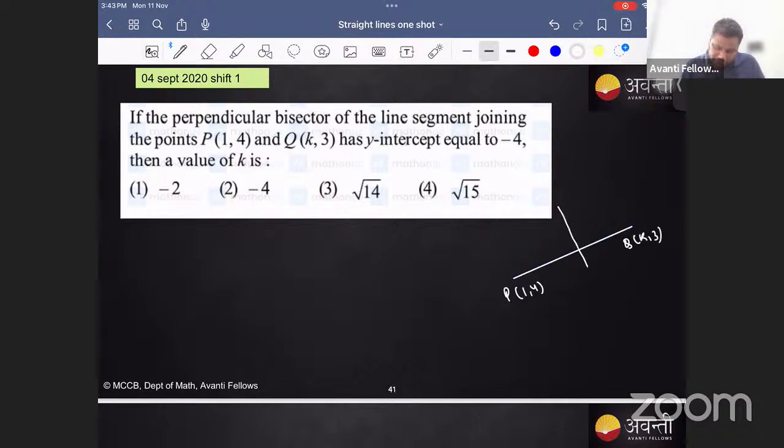Now, this is going to be the equation of their perpendicular bisector. It will be passing through their midpoint, that is ((k+1)/2, 7/2).